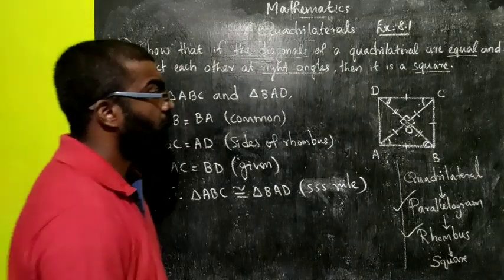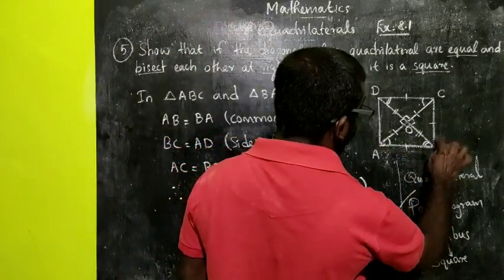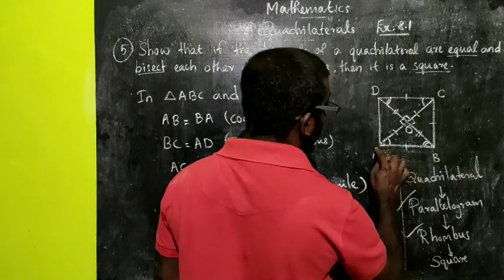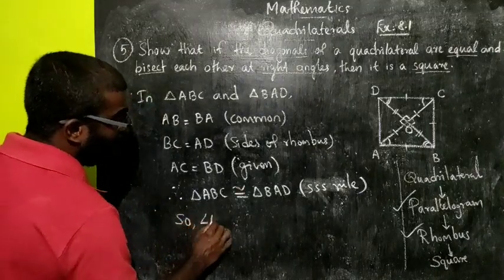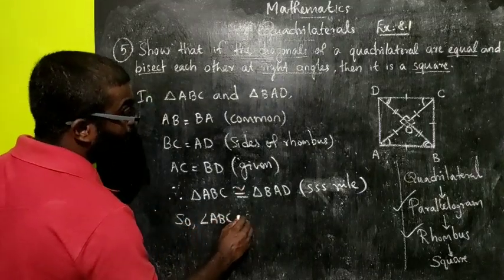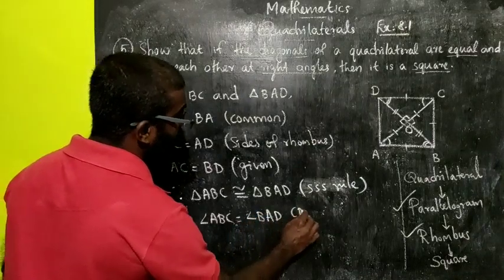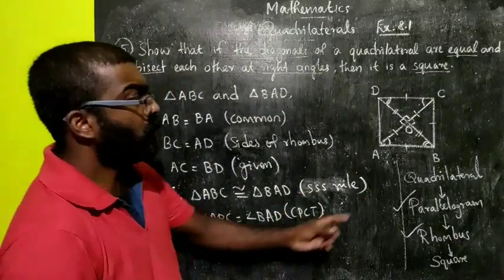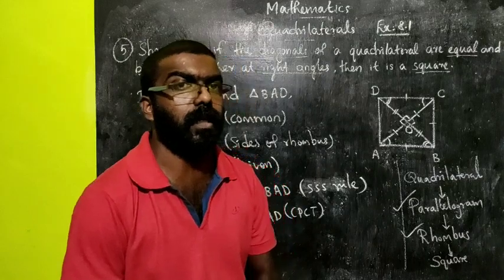And by CPCT, here we can write angle ABC will be equal to BAD. So, angle ABC equal to angle BAD, CPCT. But these two angles are interior angles on the same side of the transversal.